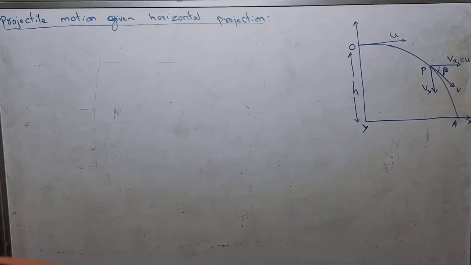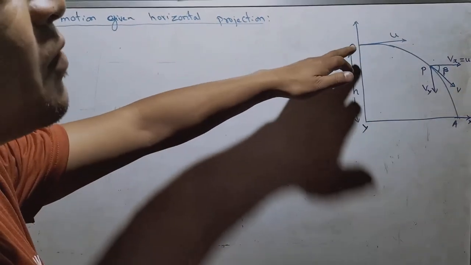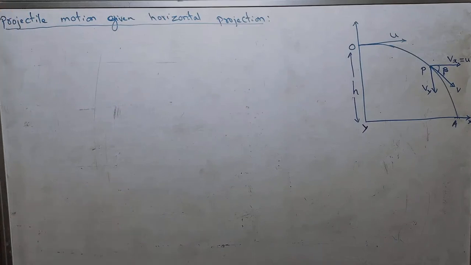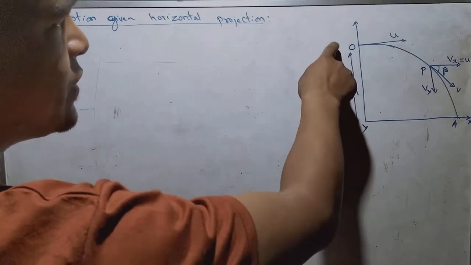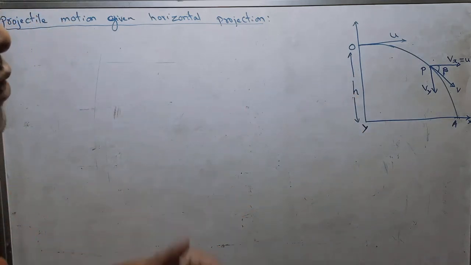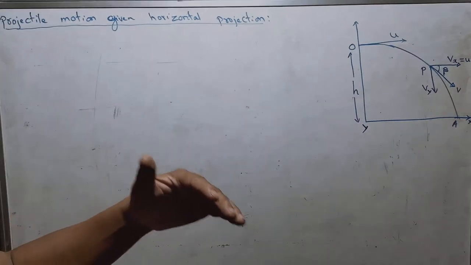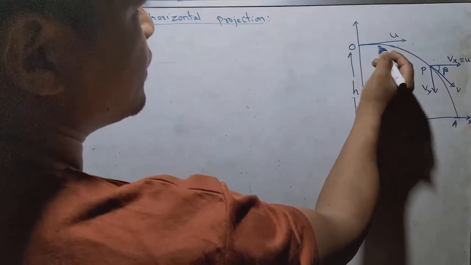As shown in this figure, a body is projected horizontally from a point O with a velocity u. Let's say it is projected at a height h above the ground level. In this case, the body will acquire two types of motion, one horizontal and another vertical.